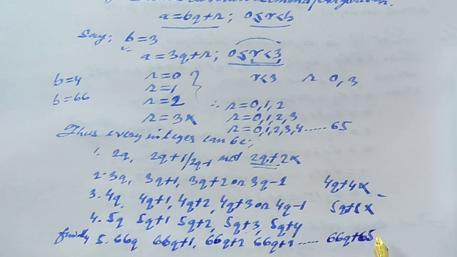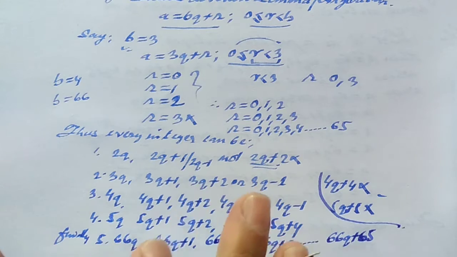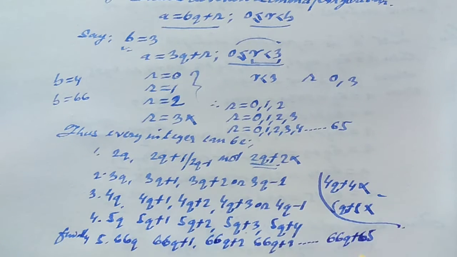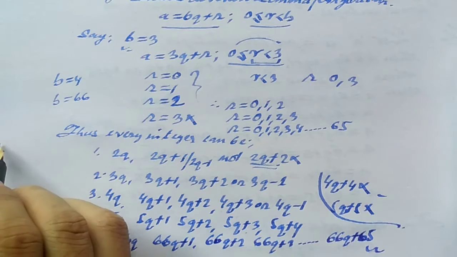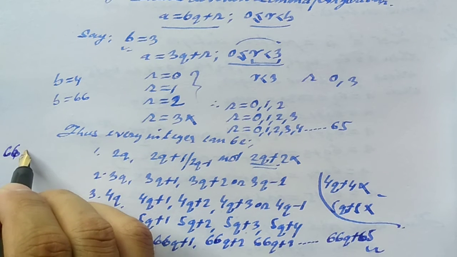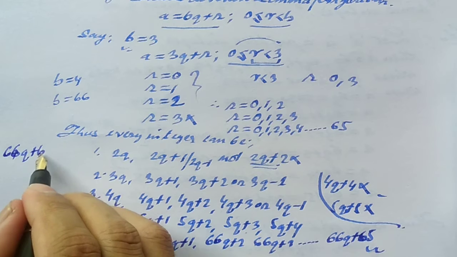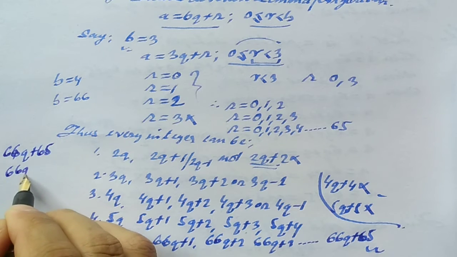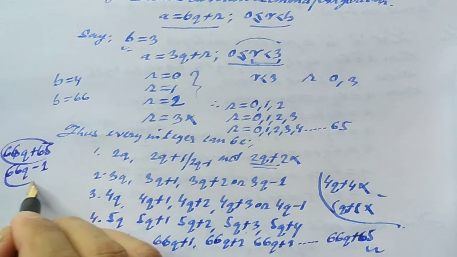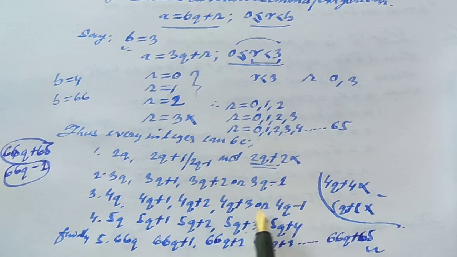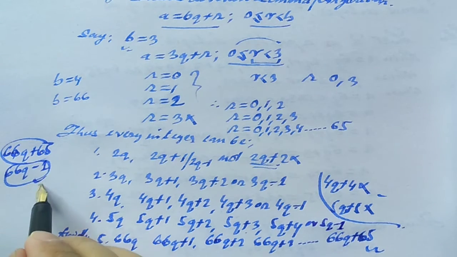Here what we understand is that if we take 66, it should go only till 65. So 66q plus 65 can be written as 66q minus 1, as before we have written 2q plus 1, 2q minus 1, 4q plus 3, 4q minus 1. So here 5q plus 4 means 5q minus 1. This one I will take up in the next session, but for the time being, you remember all these formats of integers.